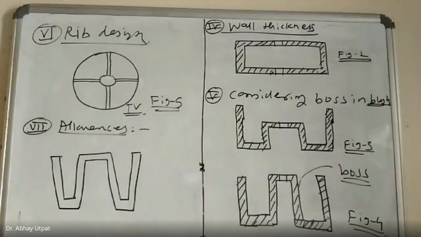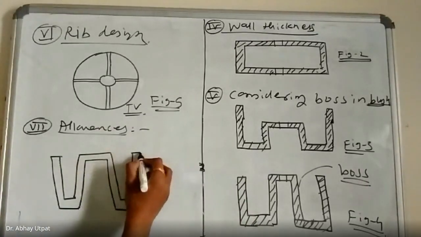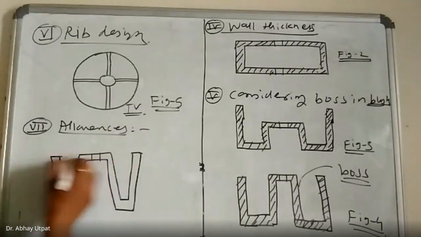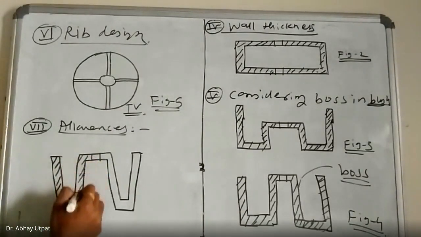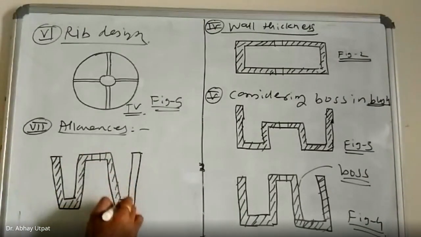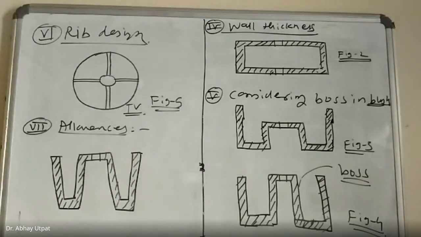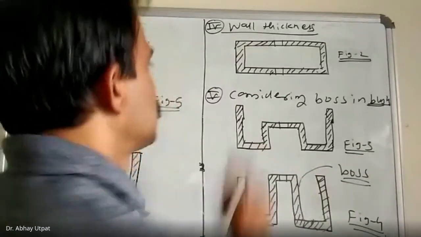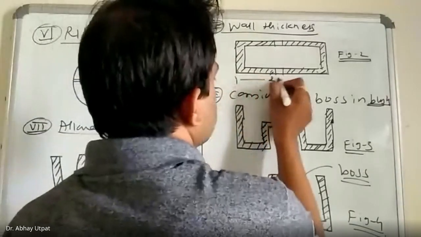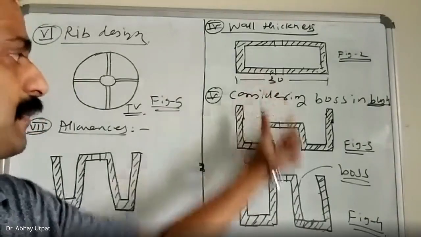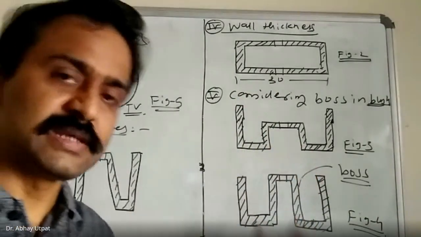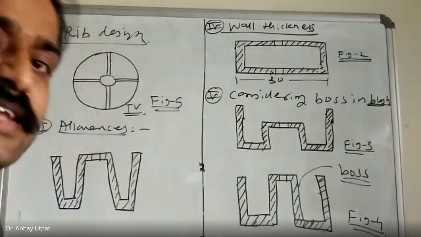See here, I have provided the taper here. Now tell me, what is the base size which we have considered earlier? This base size is 30 mm. 30 mm remains the same everywhere. Here there is a little change.